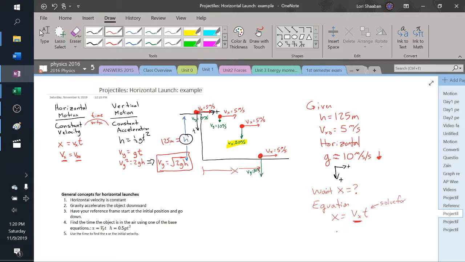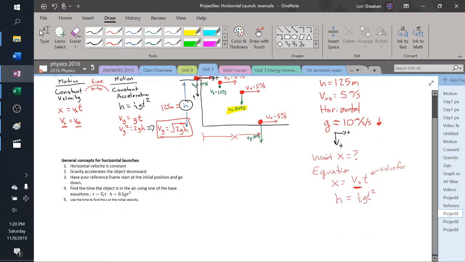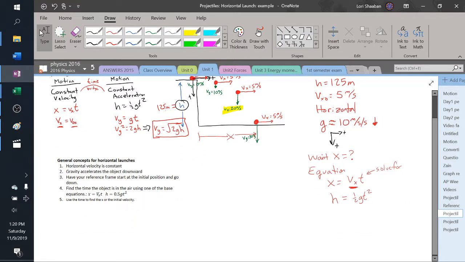So to find the time, we know that distance is 1/2 at squared. The height is going to be the distance in the y direction, and gravity is the acceleration. So we can now solve for time. Once we have the time, we can plug it in.